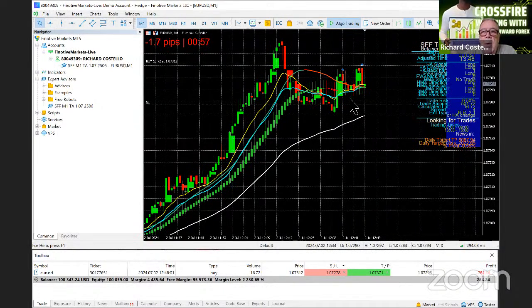So I'm not really comfortable getting into a trade when price is just moving sideways. I need to make some adjustments on my trading assistant because that could continue to happen all afternoon. So I'm going to go back to my TradingView chart.